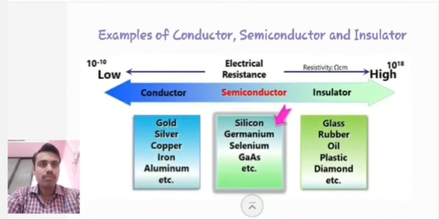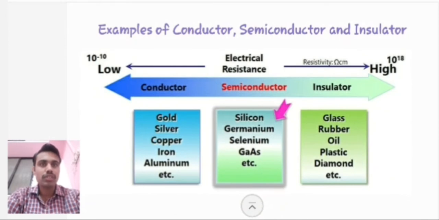Here, before starting the classification, we should understand some examples of solids like conductors, semiconductors, and insulators on the basis of their electrical resistance. As we can see in this diagram, the electrical resistance is increasing on the right hand side, and on the left hand side the electrical resistance is low.